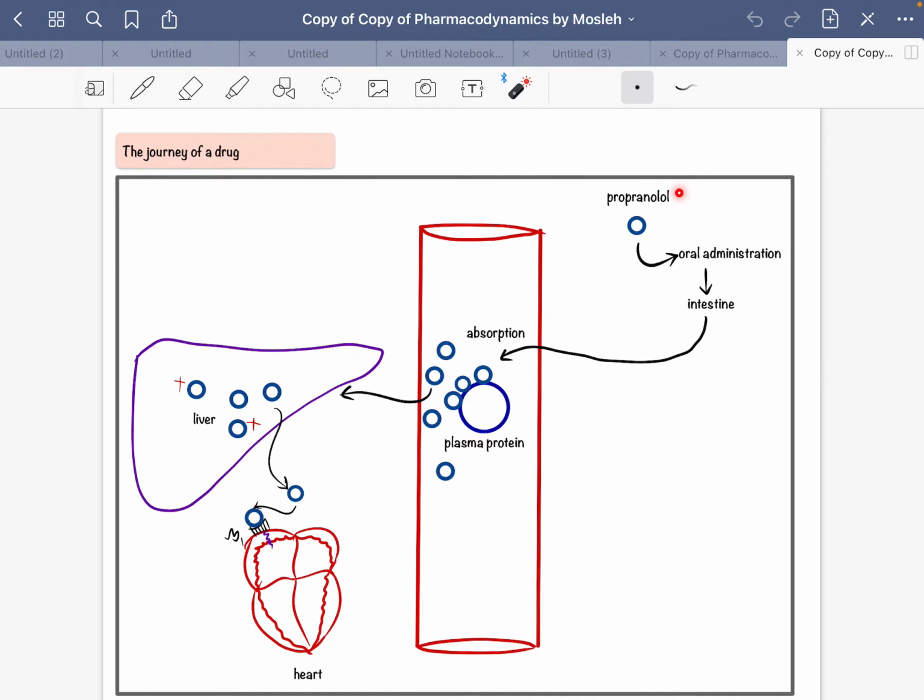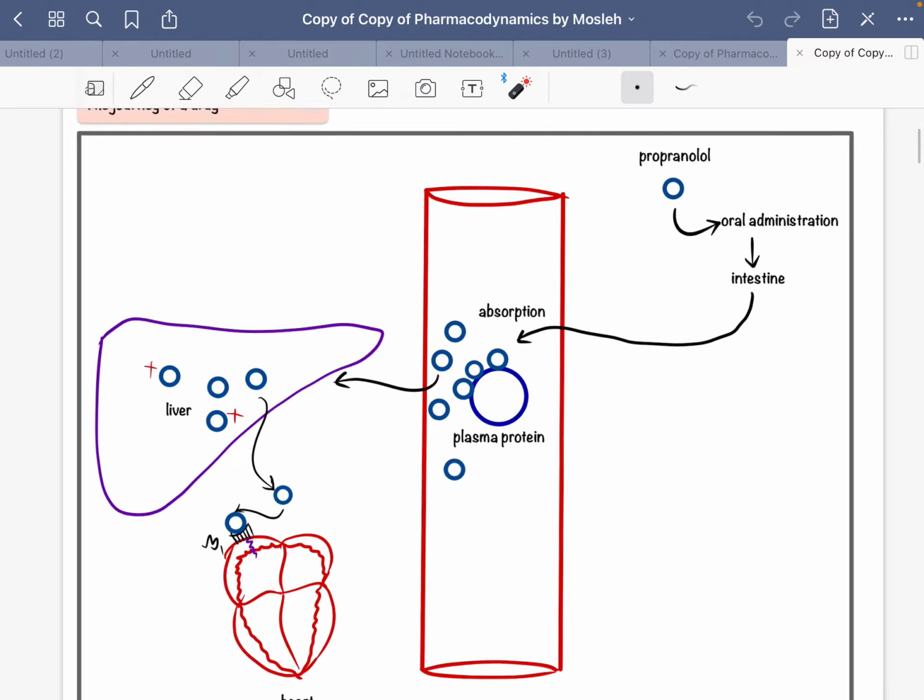The route of administration of this propranolol is oral intake. When the patient took the propranolol orally, the drug goes through the stomach into the intestine. After reaching the intestine, the propranolol will be absorbed.